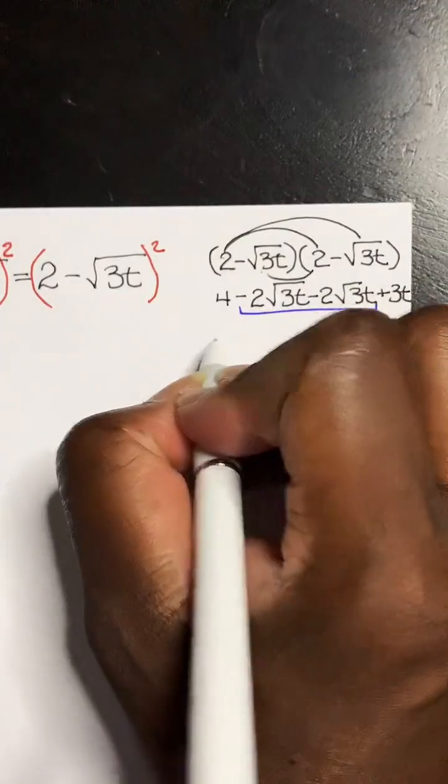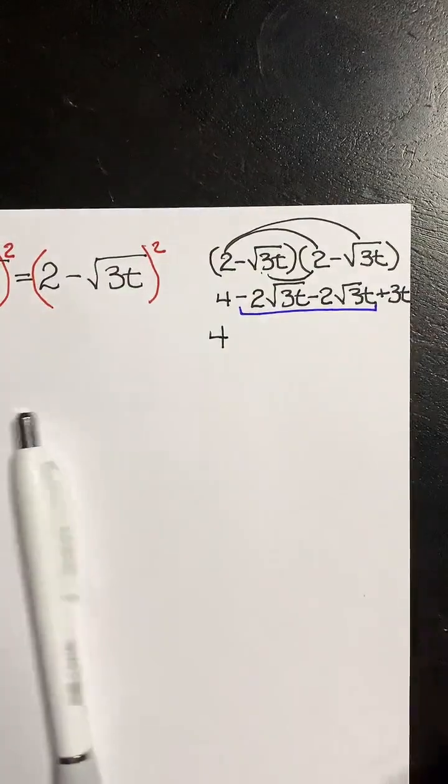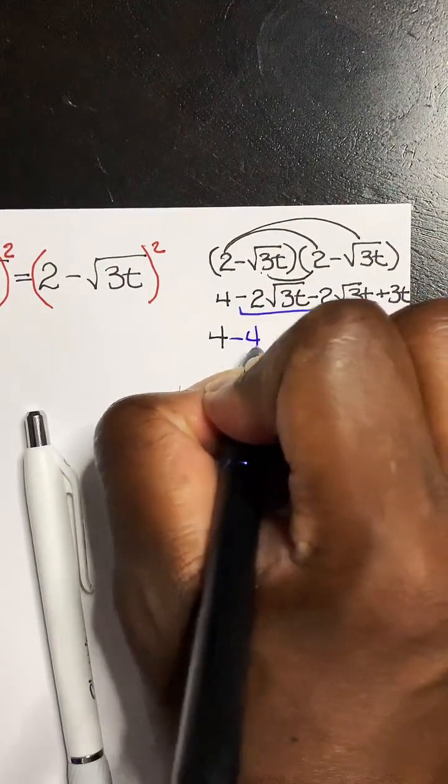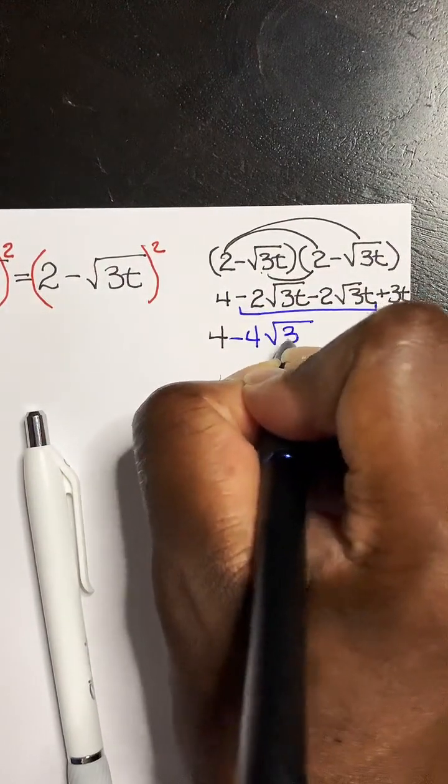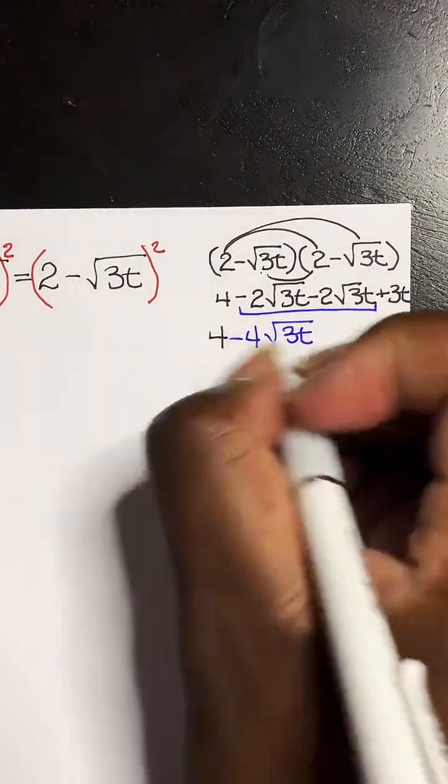So you have your 4 minus 4 square root of 3t plus 3t.